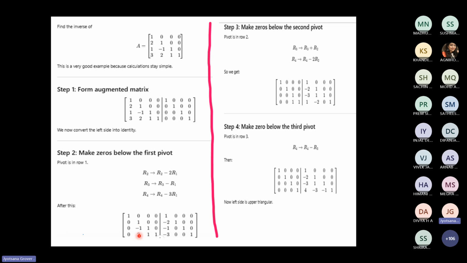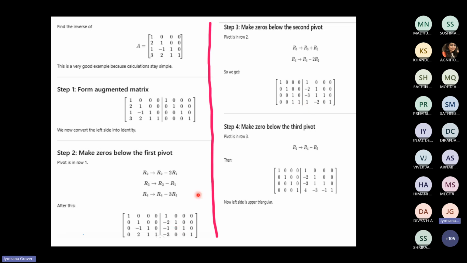Now for this also you need to convert to 0. So R4 is R4 minus 2 R2. 2 minus 2 is 0. 1 minus 2 into 0 is 1. 1 minus 2 into 0 is 1. Now the same thing you have to apply for this matrix. Minus 3 minus 2 into minus 2, minus 3 plus 4, is going to be 1.